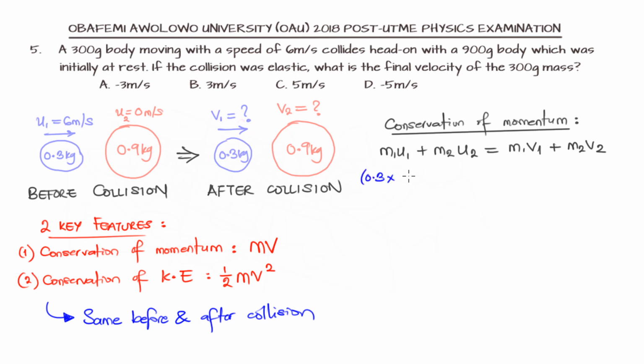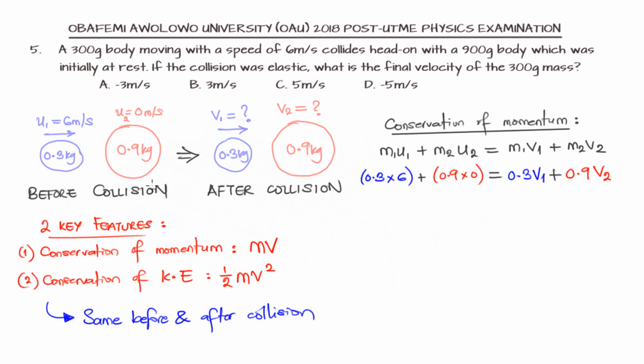Putting in our values, we have 0.3 multiplied by 6, plus 0.9 multiplied by 0, because initially the second body was at rest. That's equal to, after collision, with the same masses, 0.3 v1 for the first body and 0.9 v2 for the second body.